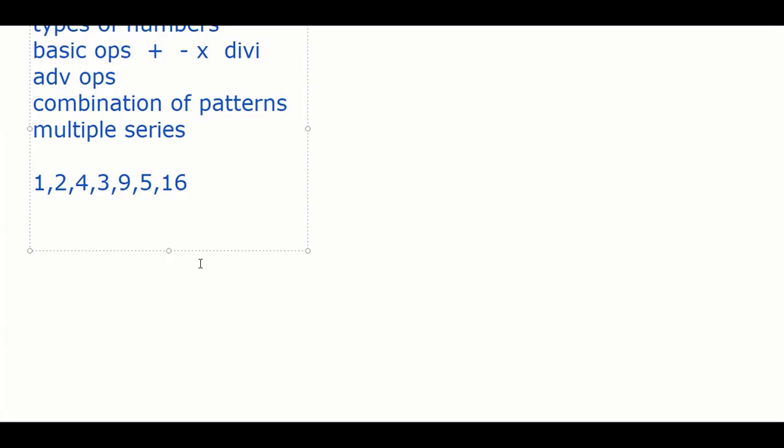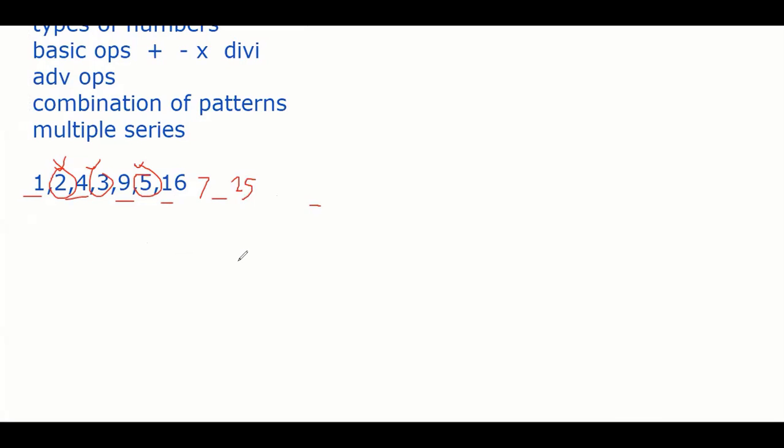Can you think what is happening? There are 2 series going on. If you see alternate, 1, 4, 9, 16, squares. What do you see here? Prime numbers. So 7, then 25. This is called multiple series together.